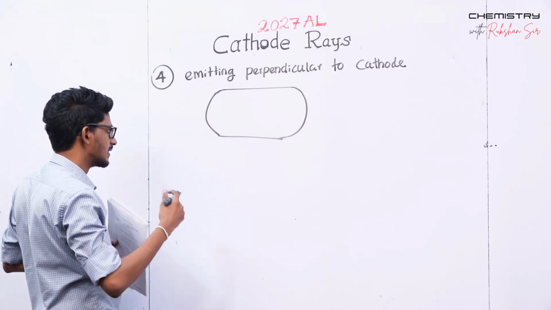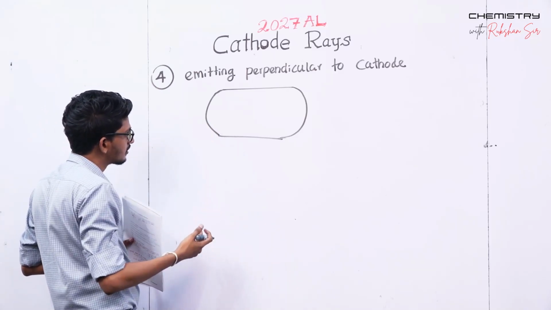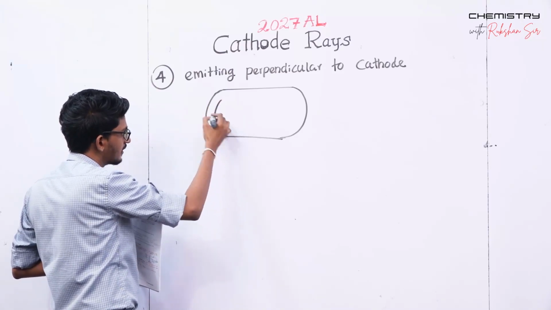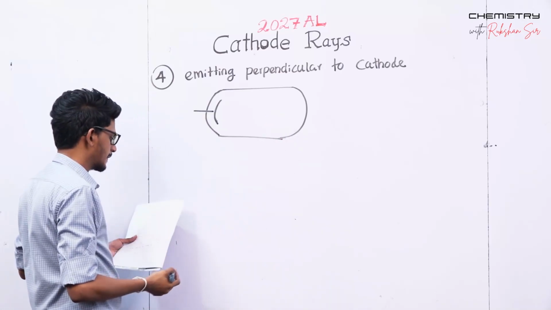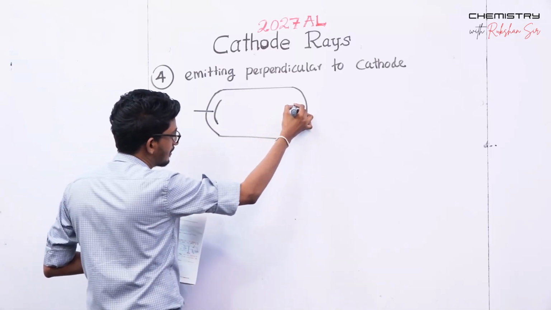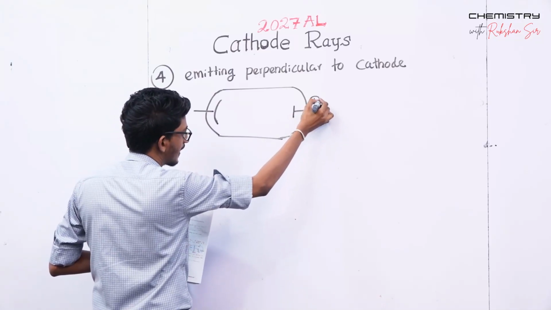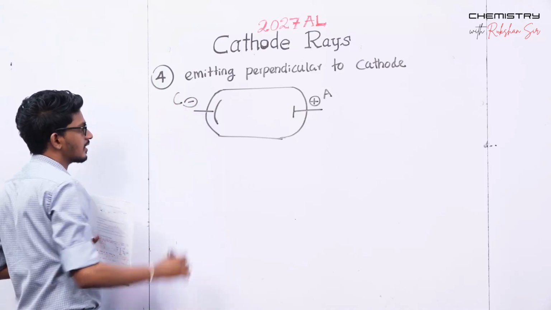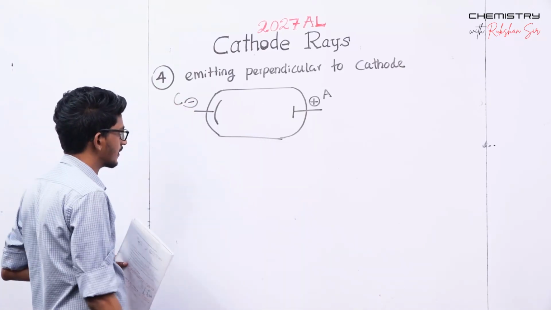But I always come up with some logical reasoning. So this is the setup we prepare to show that cathode rays are emitting perpendicular to the cathode. This could be your anode, and this could be your cathode. You should apply some high voltage with a low vacuum situation.